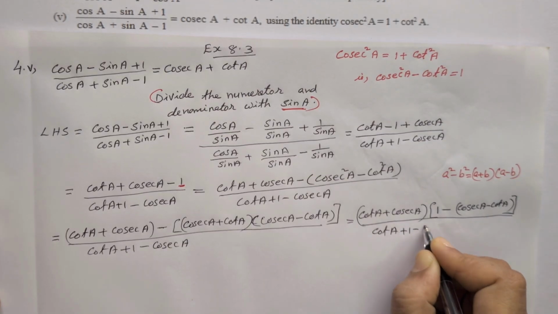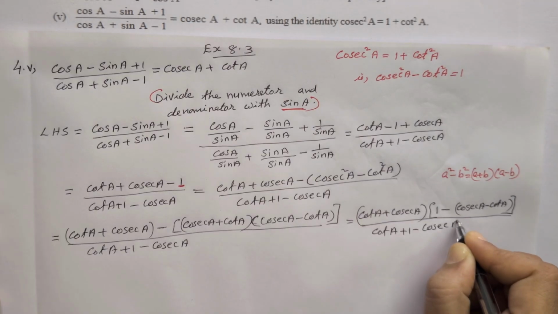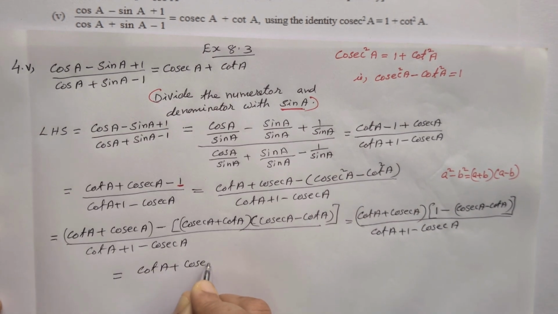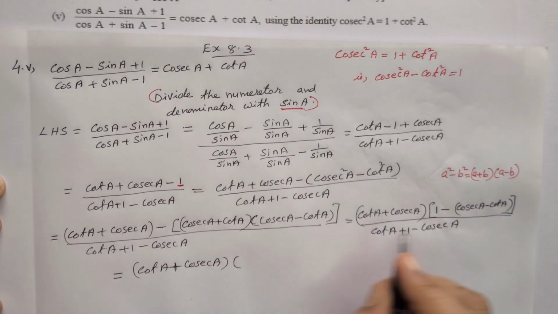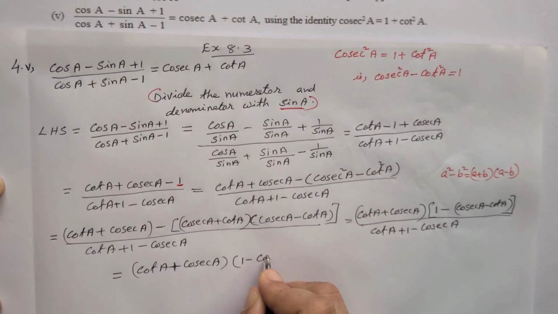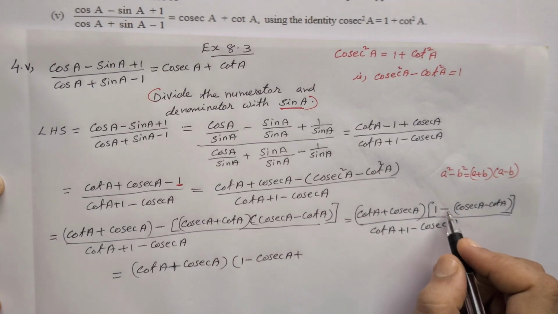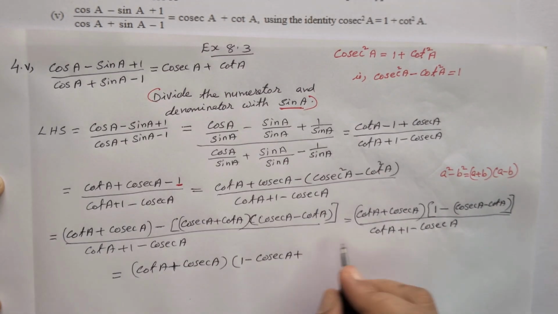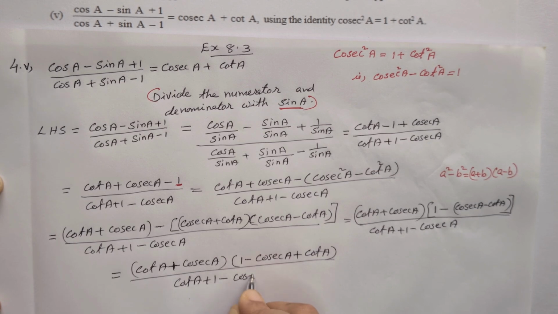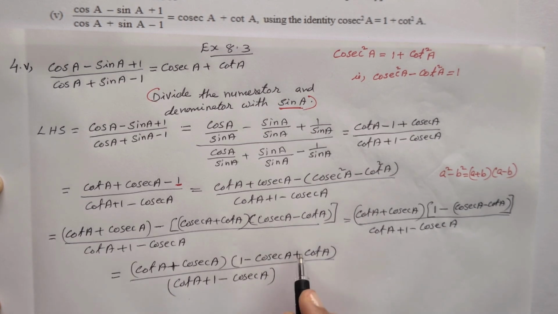Cot A plus 1 minus cosec A. Then which is equal to, same thing, cot A, numerator cot A plus cosec A. Then the second bracket, we can open the minus sign, 1 minus, this will come when applying minus sign, minus cosec A. Then minus of minus cot A, that will come as plus cot A, divided by same cot A plus 1 minus cosec A. Now we can see these two brackets are same.